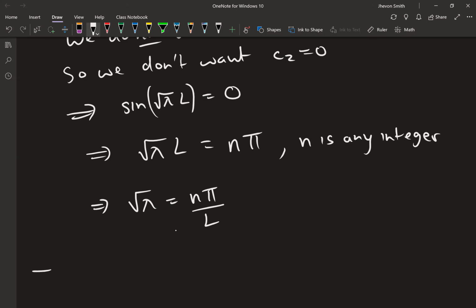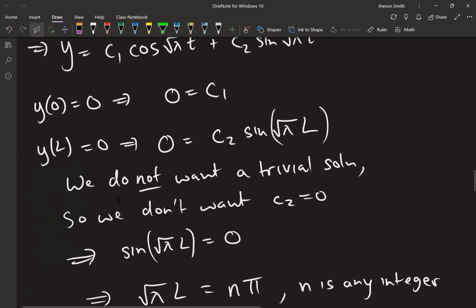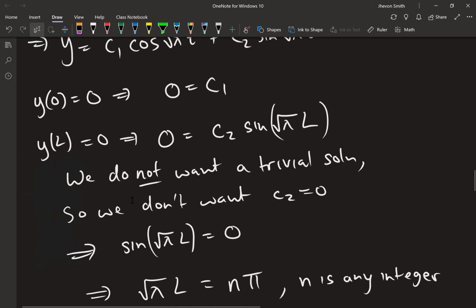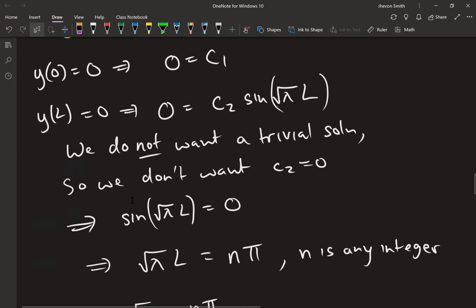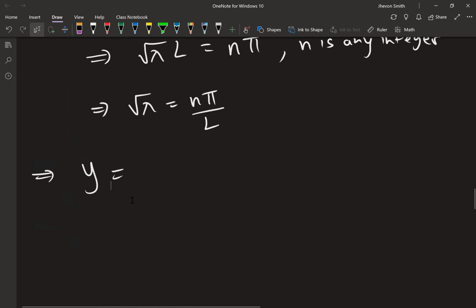Now, this means my solution looks like C2 sine of radical lambda, which is n pi over L times t.